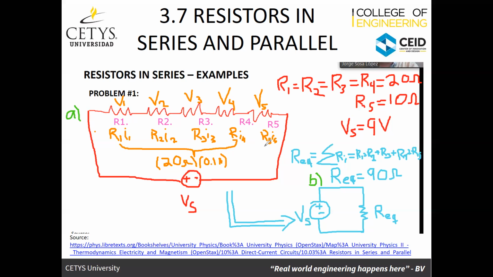And in the case of this one, we're going to have 10 ohms multiplied by 0.1 amps. Okay.